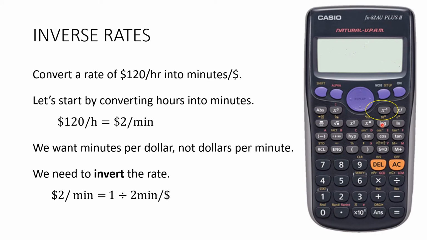So it's x to the negative 1, which you probably remember is 1 over x. So in this case we would put our number in, 2, and then hit that button and then hit equals. Either way, we're going to get 0.5 minutes per dollar. So $120 an hour is equivalent to a half a minute per dollar.